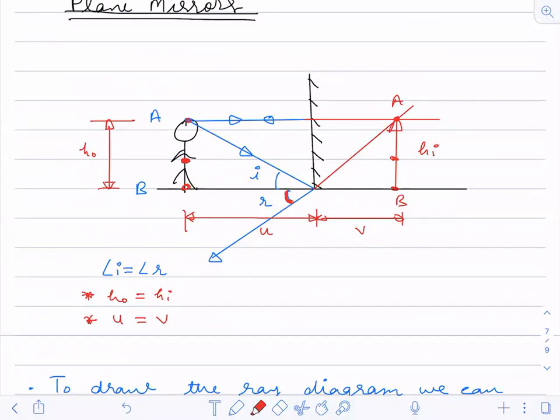If they say draw the image of the body forming image with the plane mirror, you cannot draw a rough diagram with the pencil. You have to draw a proper diagram, proper rays with the scale and pencil.